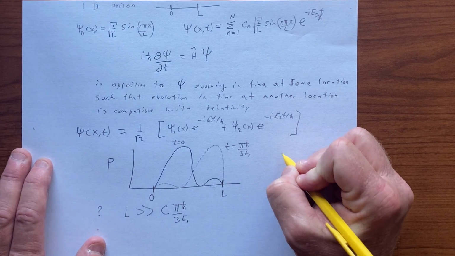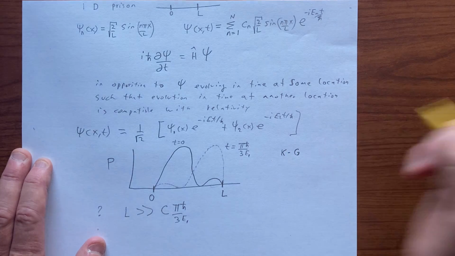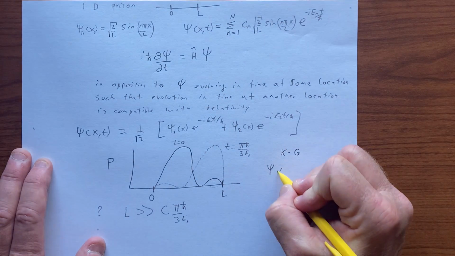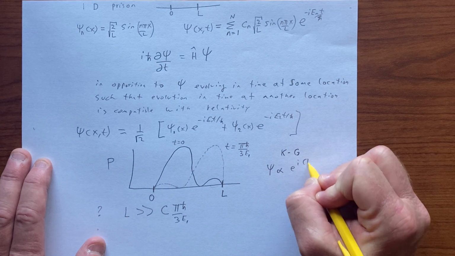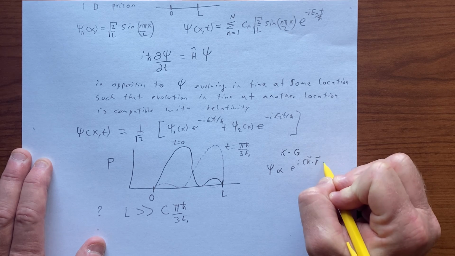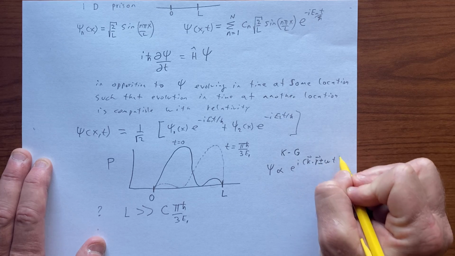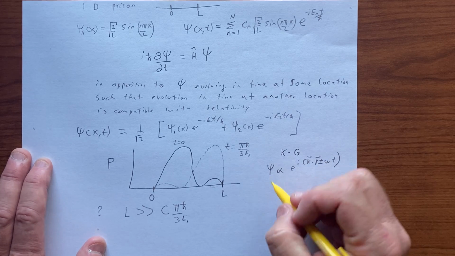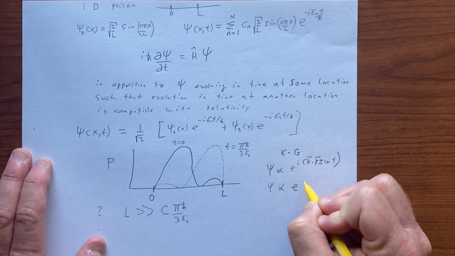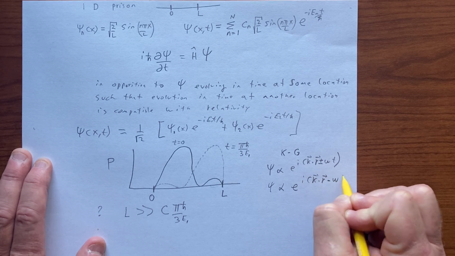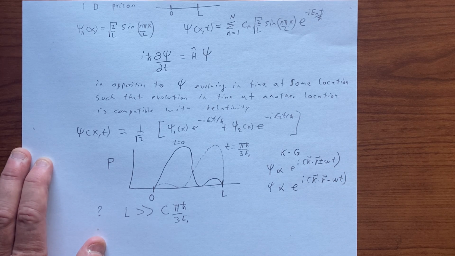So now we have the solutions to the Klein-Gordon equation, and they look like these kinds of things. They are e to the i k r minus omega t, but we have plus and minus solutions to this. And that's certainly different from just this kind of thing where we only have positive frequencies emerging.